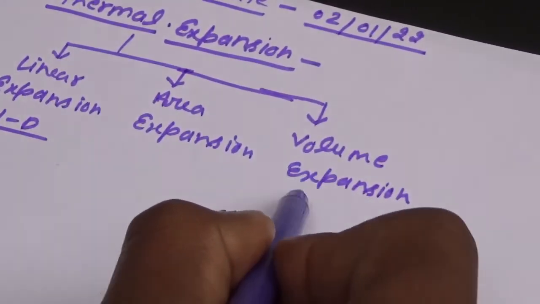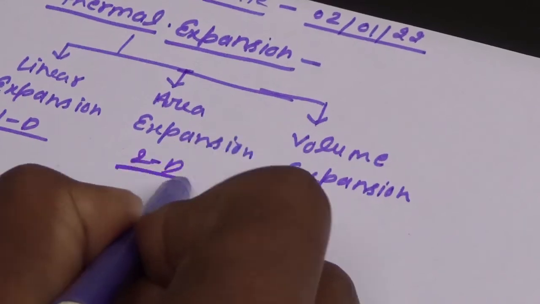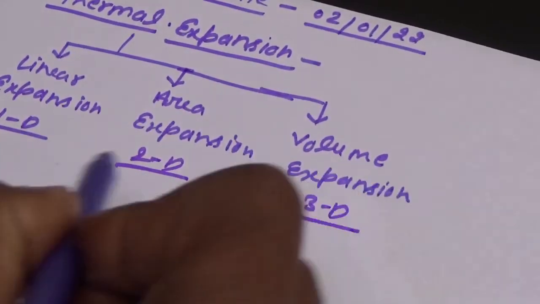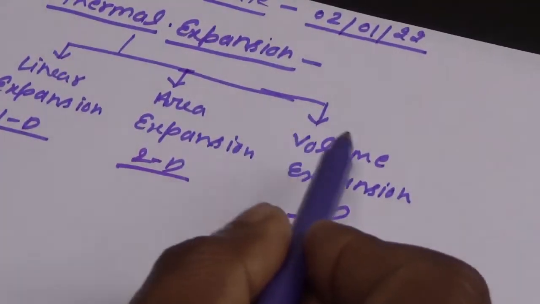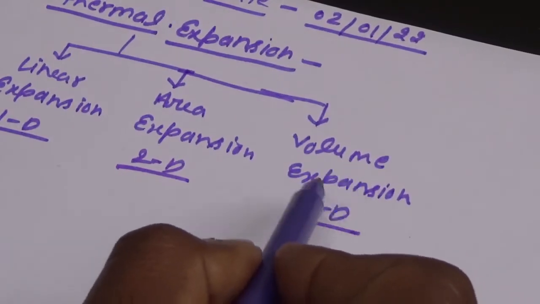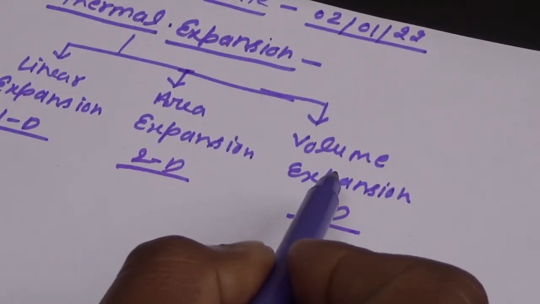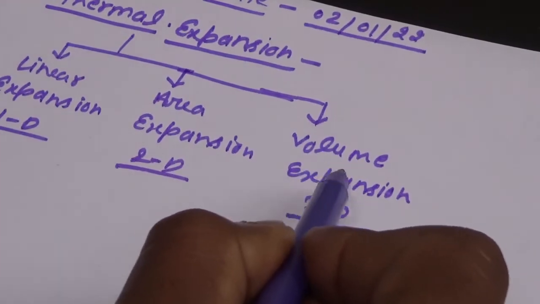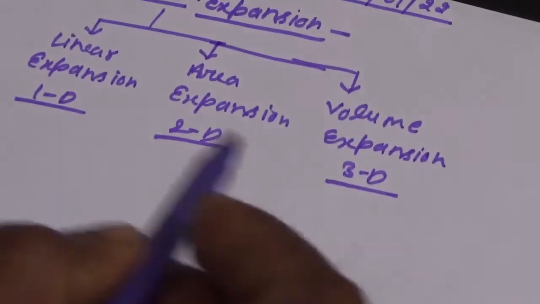And in case of 3D, if the volume of any object expands, then it is known as volume expansion.